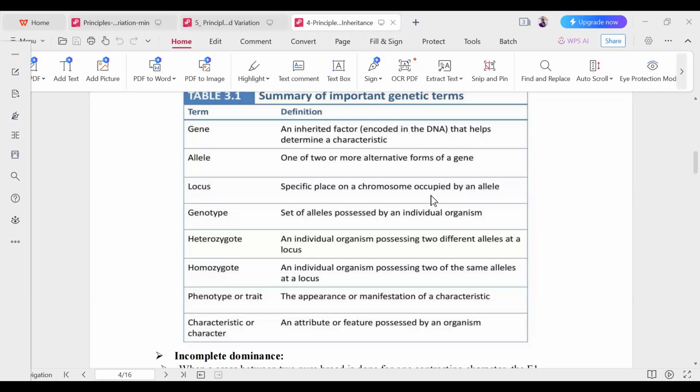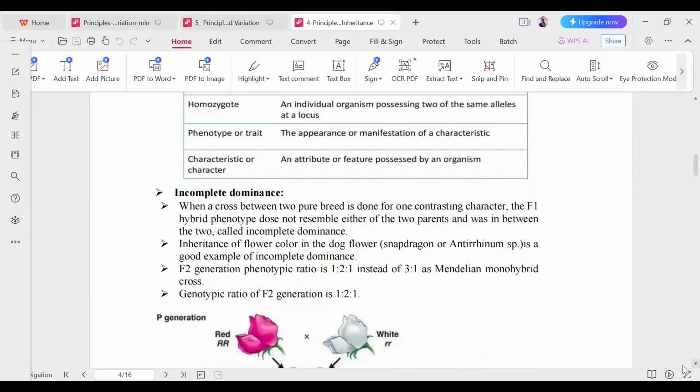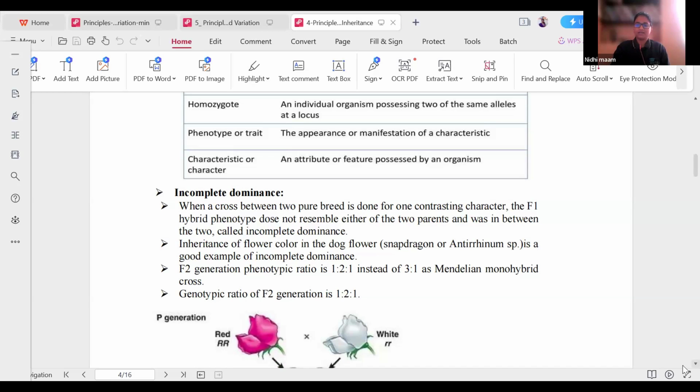Heterozygote: an individual organism possessing two different alleles at a locus. Homozygote: an individual organism possessing two of the same alleles at a locus. Phenotype or trait: the appearance or manifestation of a characteristic, or character, an attribute or feature possessed by an organism. Okay, thank you, Anita.